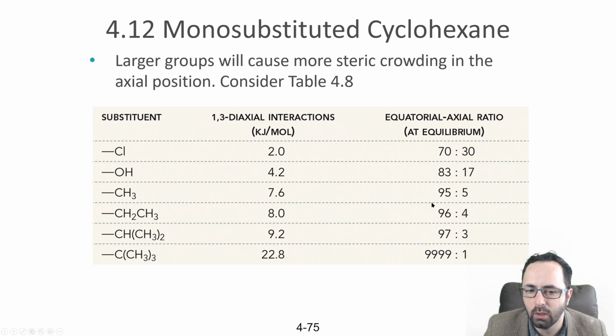And here's the ratio. So when you have an energy difference of 4.2 kilojoules, you get this ratio of structures: 83% more stable with the equatorial position, or OH here, 17% in the axial position. And as it gets larger, the ratio gets greater.